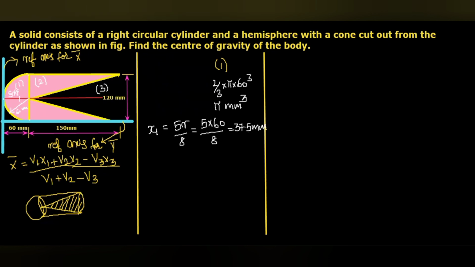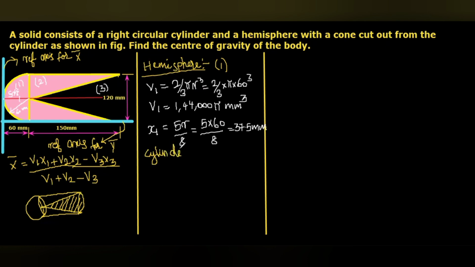Then we got to do the calculation for the second segment, that is cylinder. So cylinder, the segment 2. In cylinder, the volume of the cylinder V2 equals pi r square h.